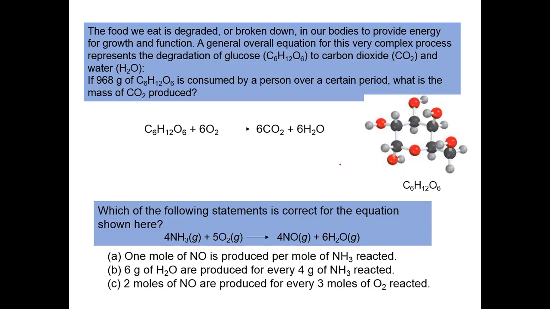All right, so let's take a look at what the outcome is going to be. What is the first thing we need to do? Can anybody say that? Doctor, I think we multiply 12 by 6 and add 1 multiplied by 12 and add 16 multiplied by 6.